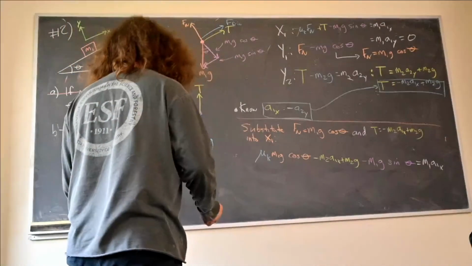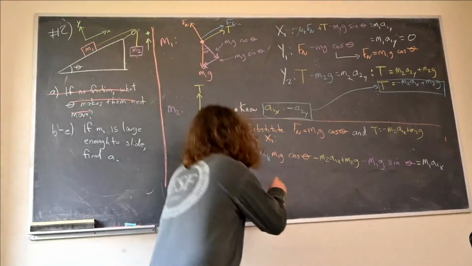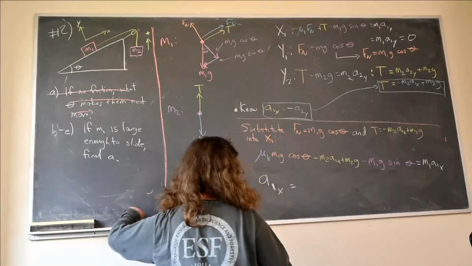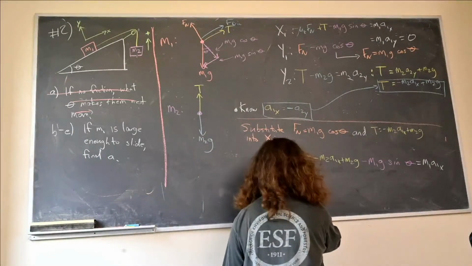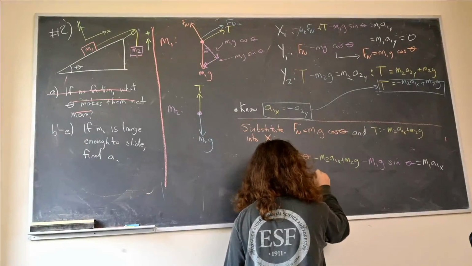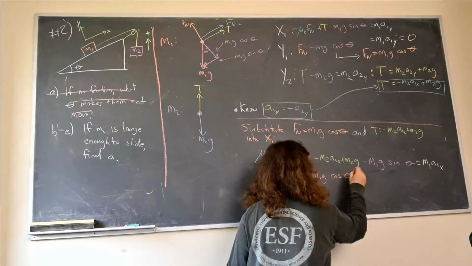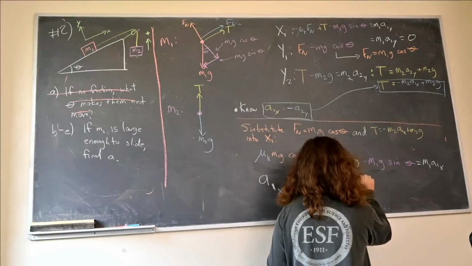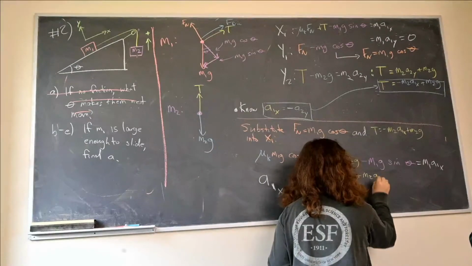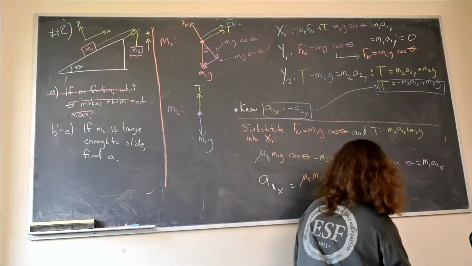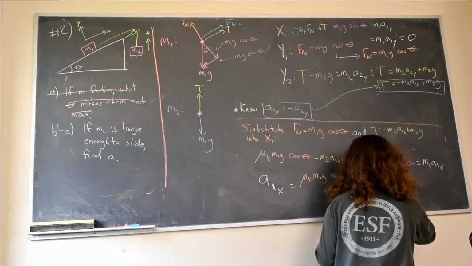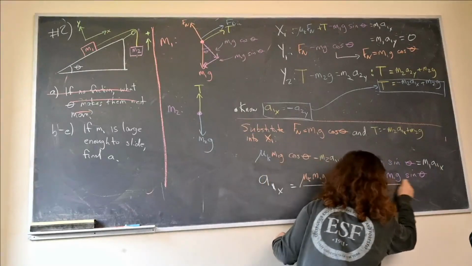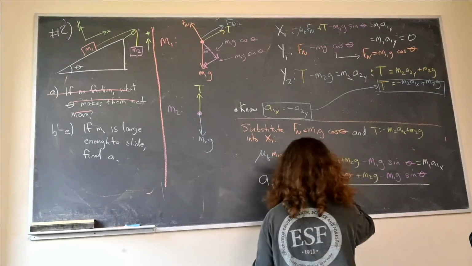So at the end of the day, what does this give me? a1x equals, I'm just going to do the algebra all in one big bite, mu k m1g cosine theta, that's friction, plus m2g minus m1g sine theta, all divided by, let's see, what's the coefficient of a1x going to be?